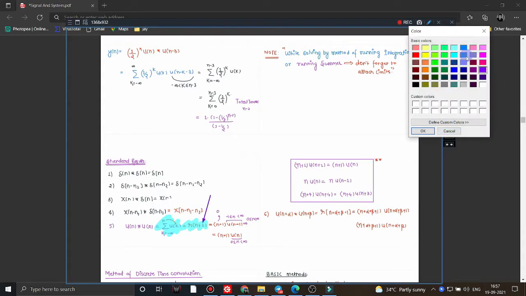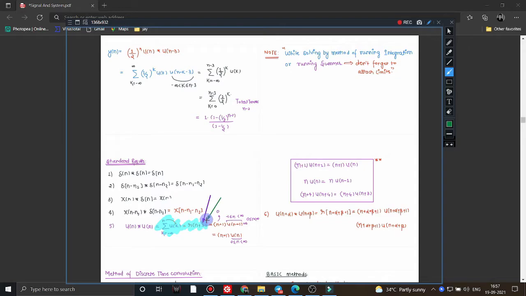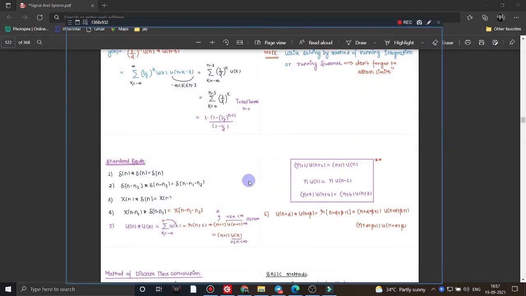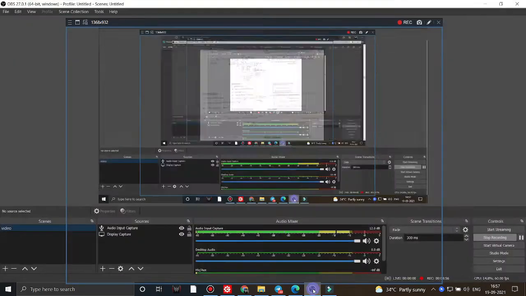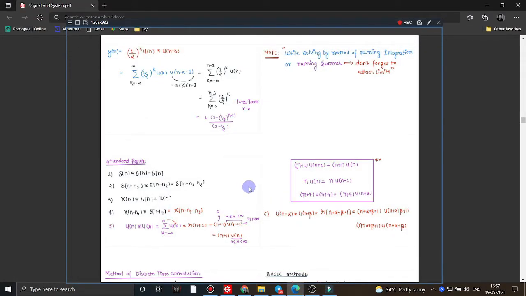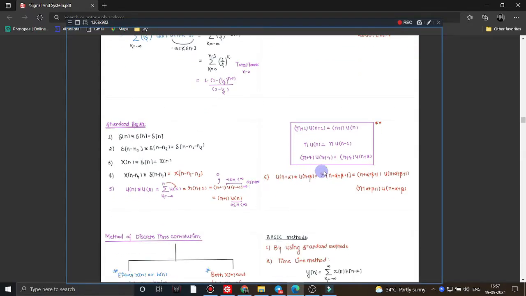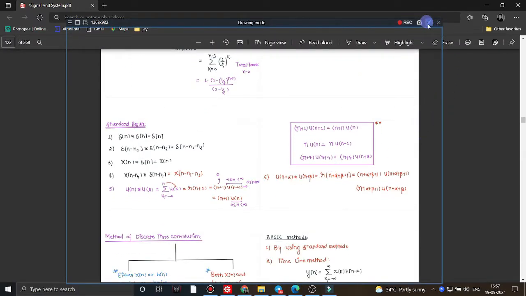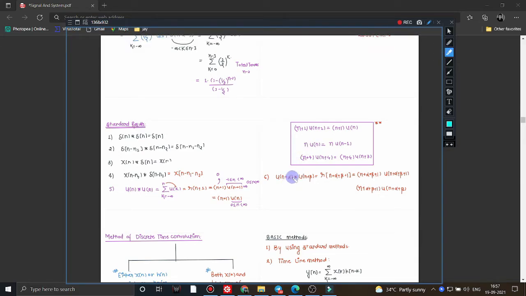Un plus alpha convolved with un plus beta will give us rn plus alpha plus beta.